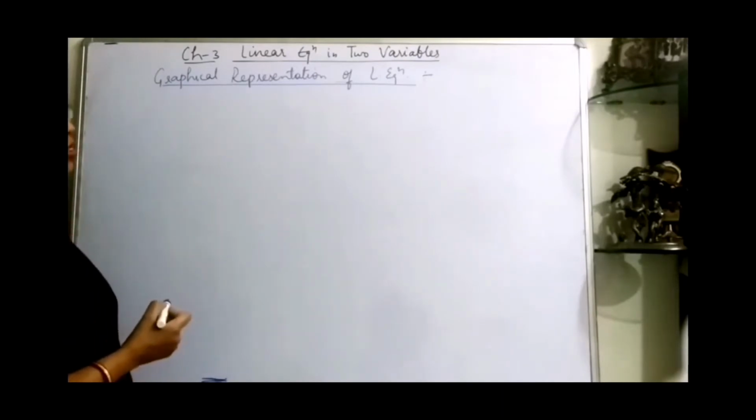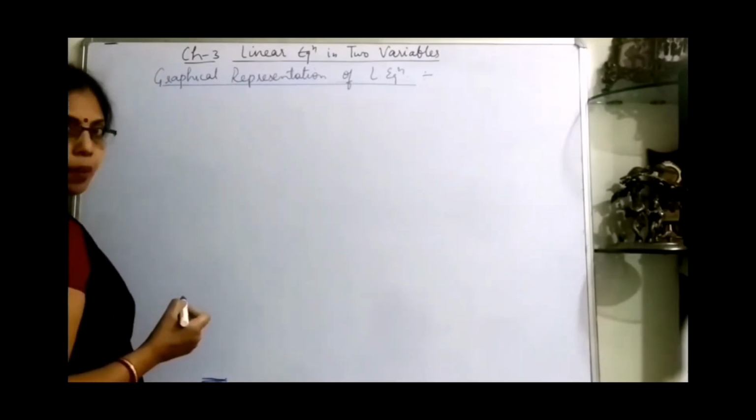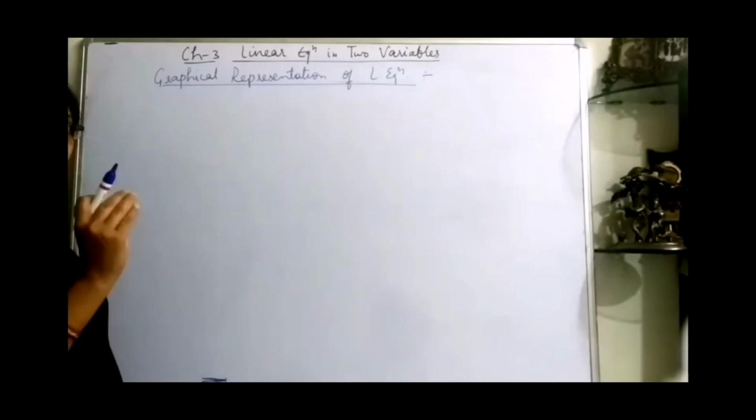It means when we represent a linear equation on a graph, you always get a straight line, right? So I am explaining this representation graphically by taking an example. Always remember you get a straight line.